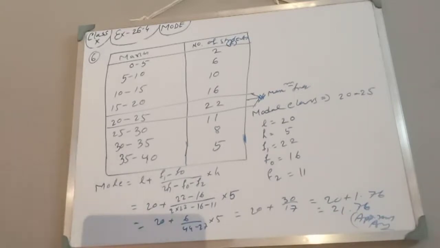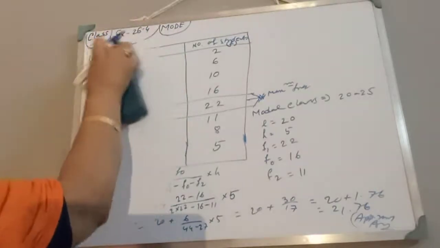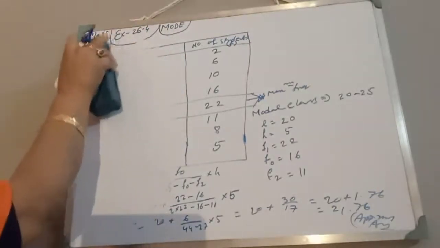Okay. Now next, sum number 7. Find the mode of the following.